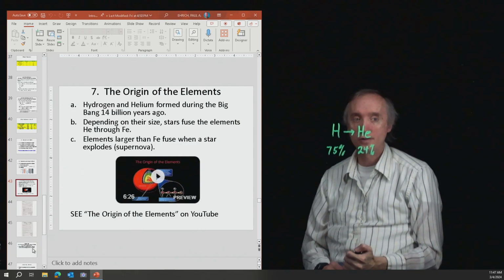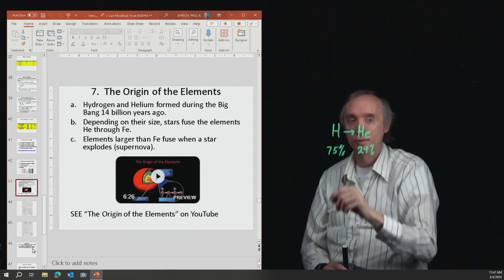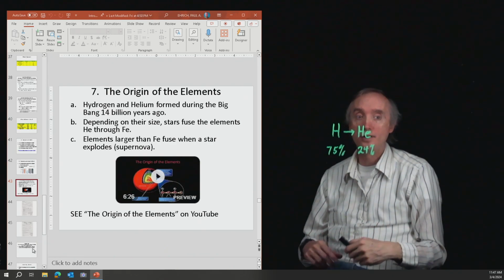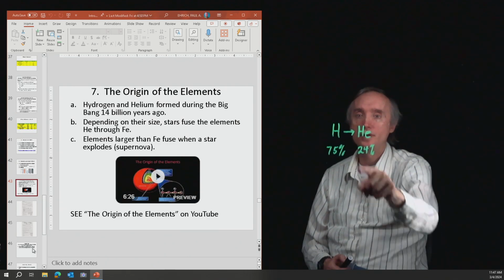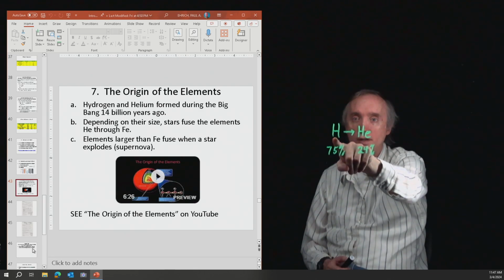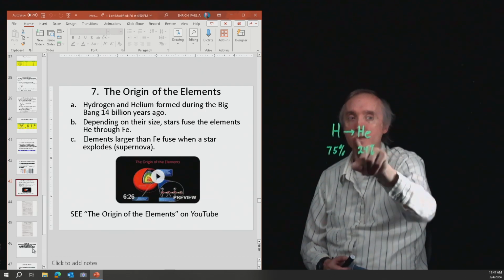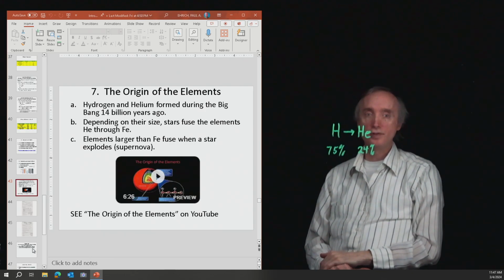So the first stars are going to be converting hydrogen into helium, and that's what a star does when it is living. But over millions of years, the star begins to use up its hydrogen. At some point, there won't be any hydrogen to convert into helium, and then that star is going to begin to die. Now, gravity's always there.